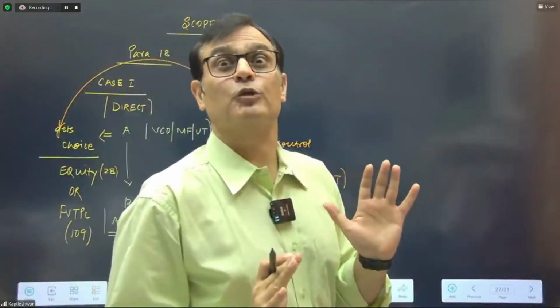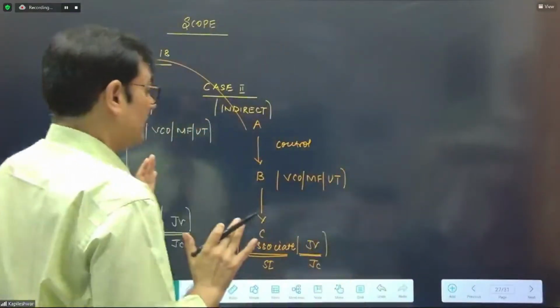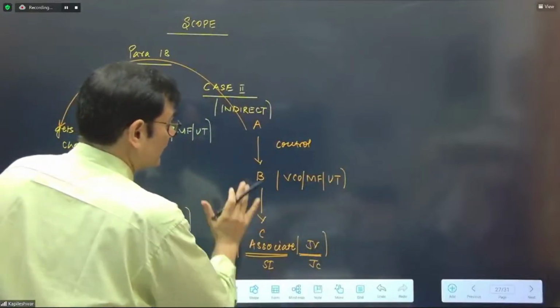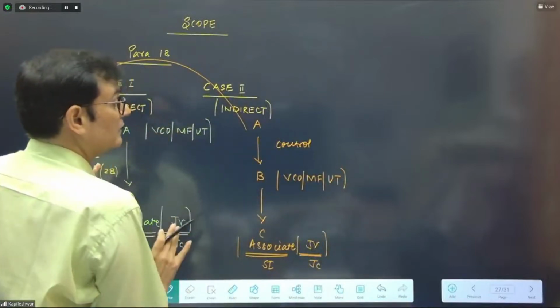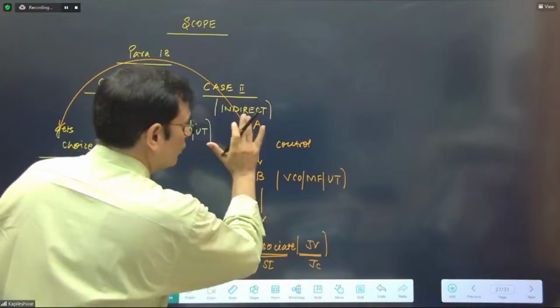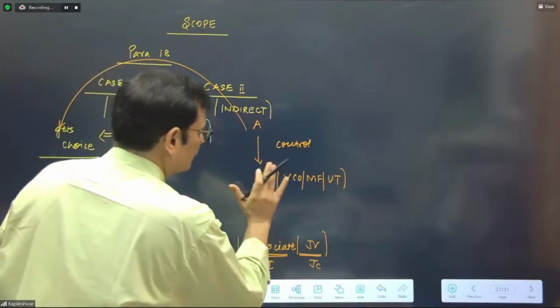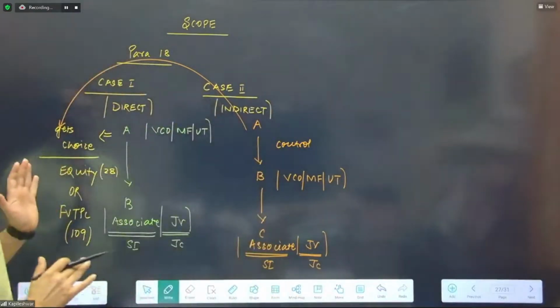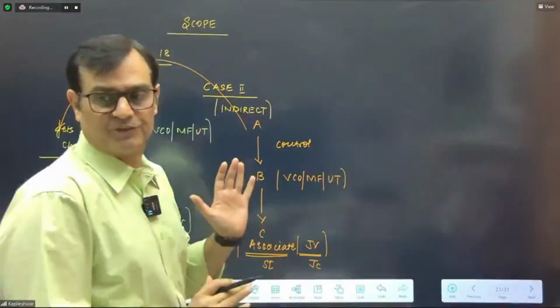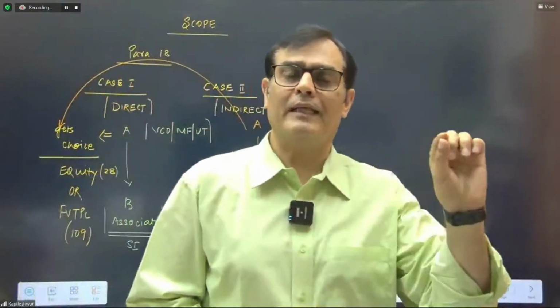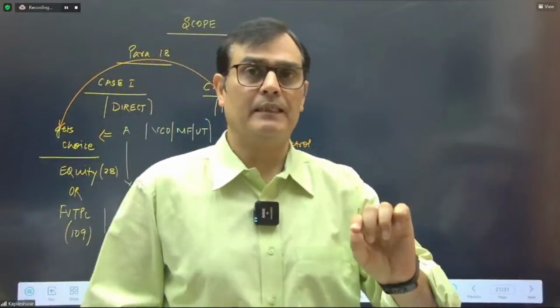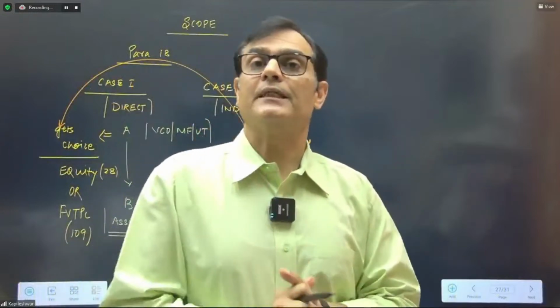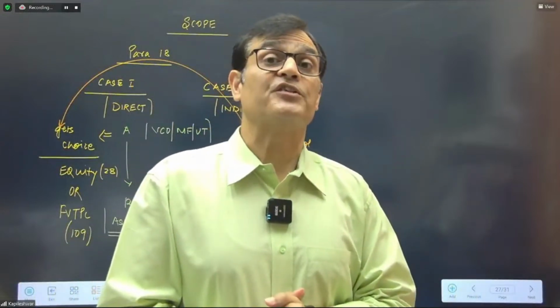Case number two, I can say three parameters. C is an associate or a JV of B. A has a control over B. And number three, B is a VCO, MF, or UT. A gets a choice. Trust me, this is a simple explanation of para number 18: there are two parameters in case one and three parameters in case number two.